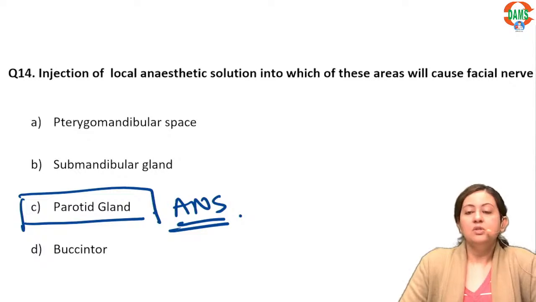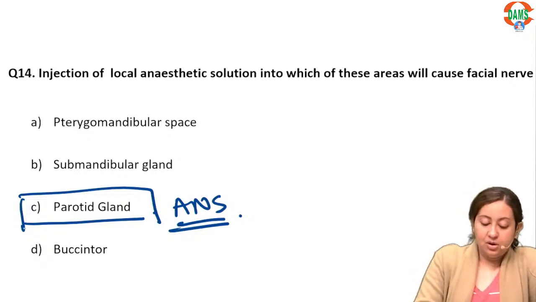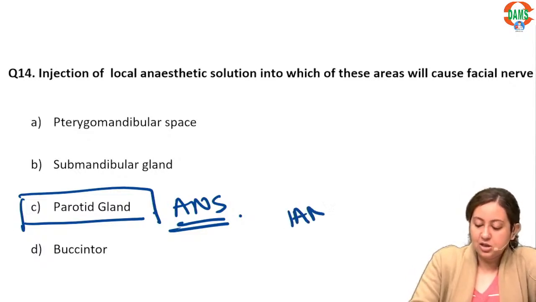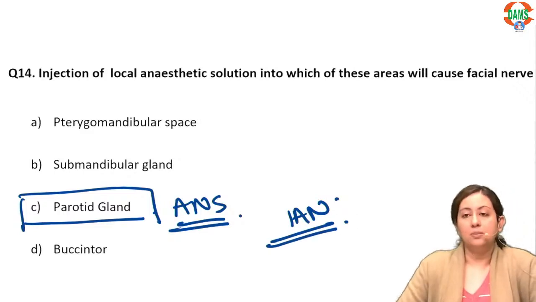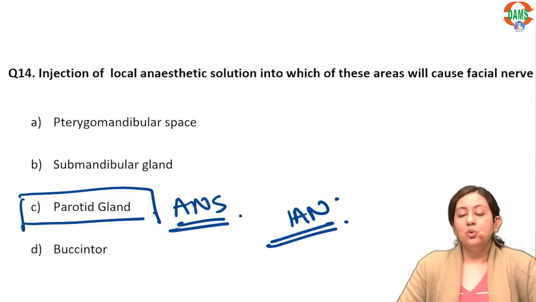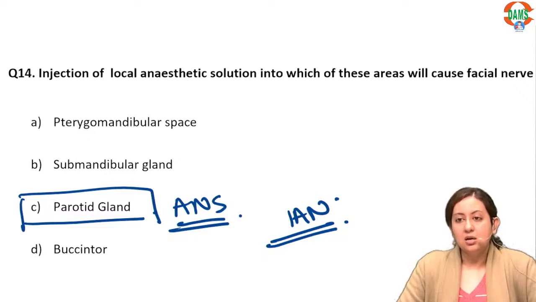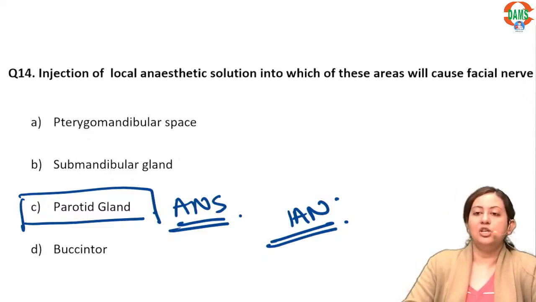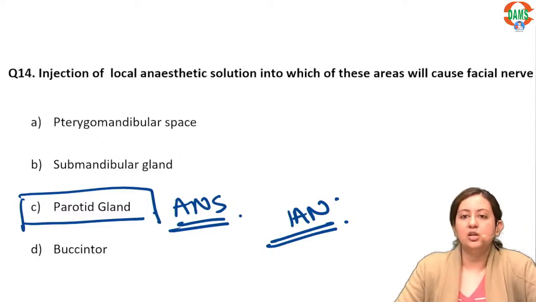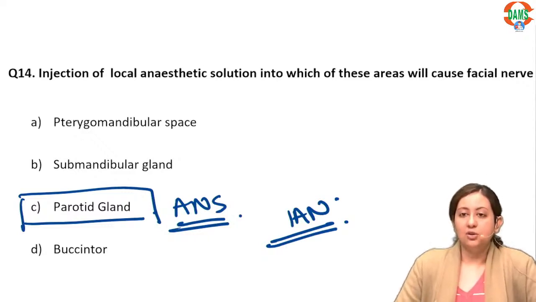So if during your inferior alveolar nerve block you by mistake enter the parotid gland, then the patient will have transient facial nerve palsy, due to irritation of the facial nerve or due to deposition of local anesthesia in the vicinity of the facial nerve.